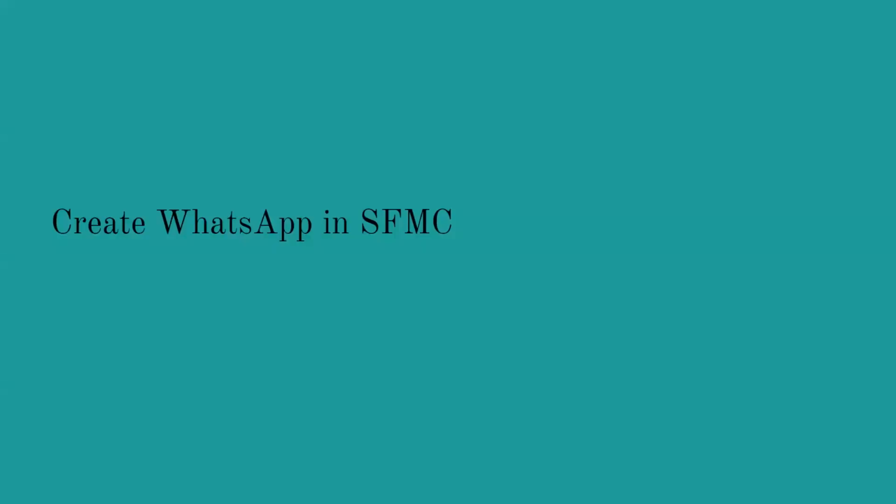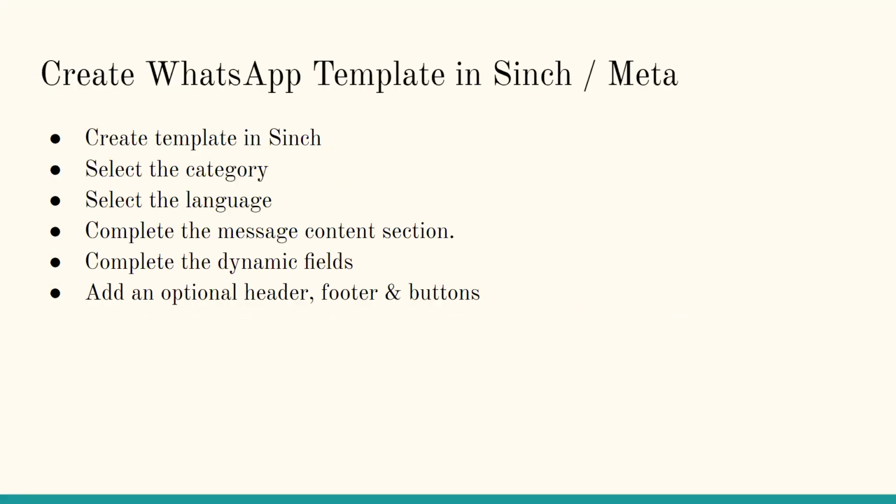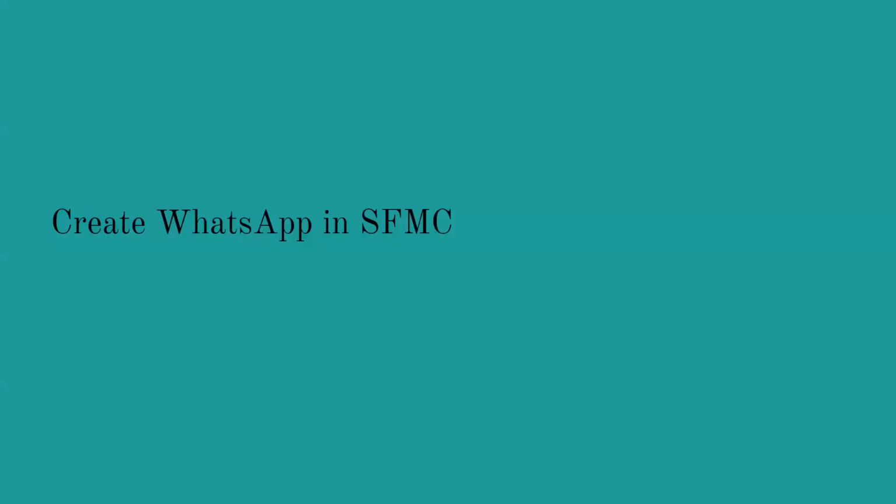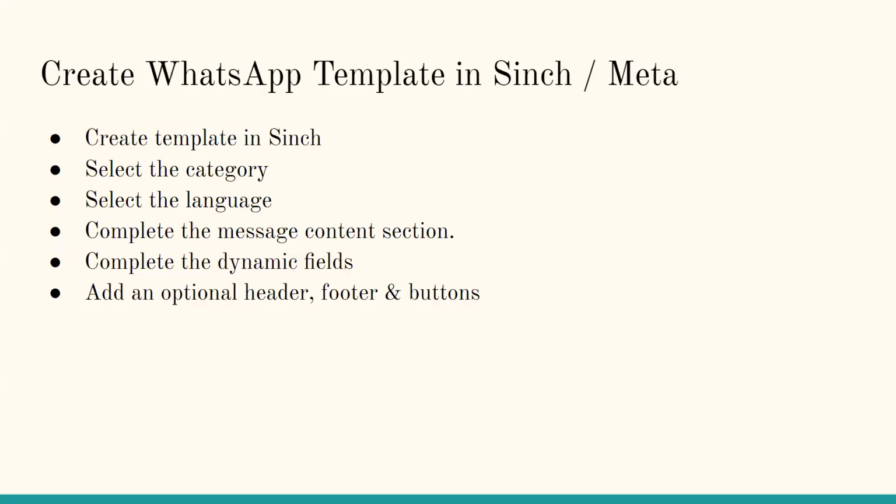Okay, having said that, now we'll see how to create a WhatsApp message in Marketing Cloud. In order to create a WhatsApp message, you first have to create a template. Meta will not simply approve all messages. You have to create a message and submit it for approval, and Meta will review each and every message, and once it's approved, then you can use it.